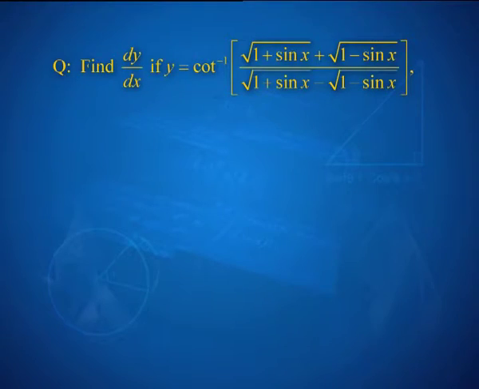Find dy by dx if y is equal to cot inverse of root 1 plus sin x plus root 1 minus sin x by root of 1 plus sin x minus root of 1 minus sin x, where x is between 0 and pi by 2. Now, one of the things that you must possibly realize as we go through this statement is that this is a very familiar function. Where did you see that?